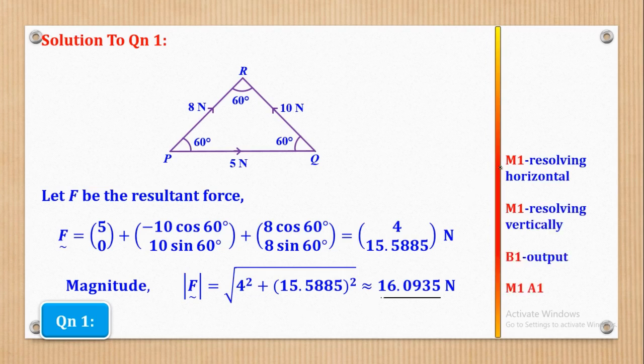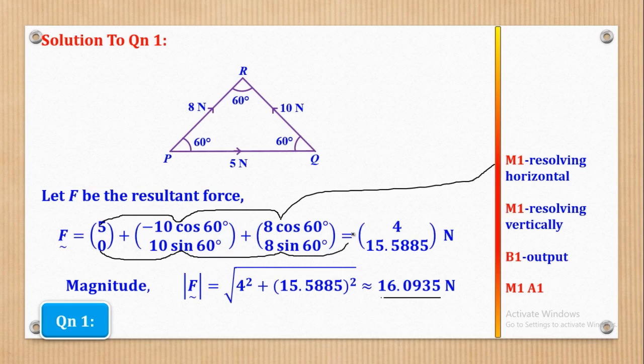The first mark was for resolving horizontally. So these terms, 5, negative 10 cos 60 and 8 cos 60, give you the M1. Then the second M1 was for resolving vertically, so this 0 and the other terms give you this M1.